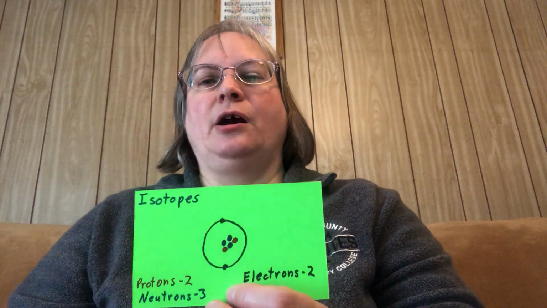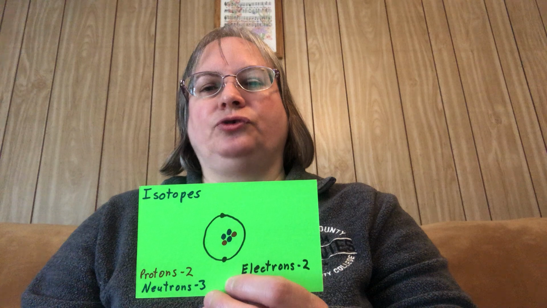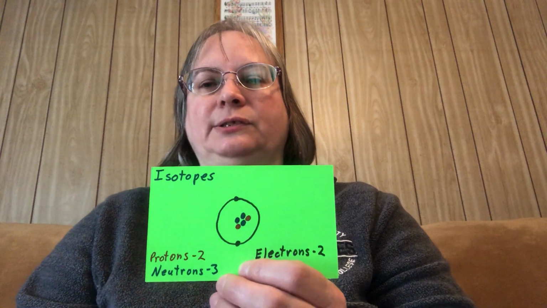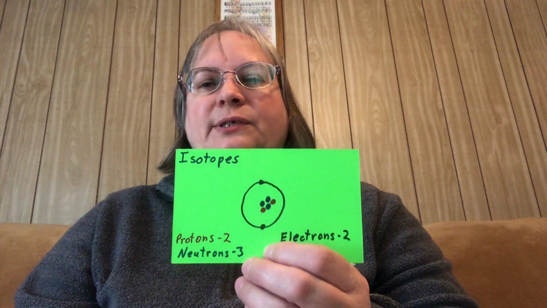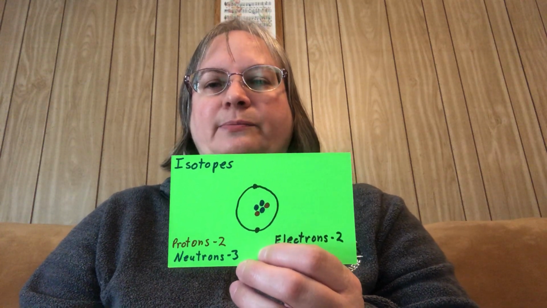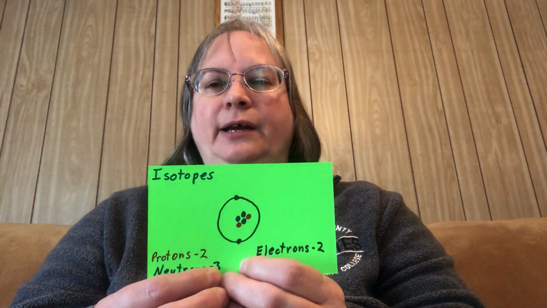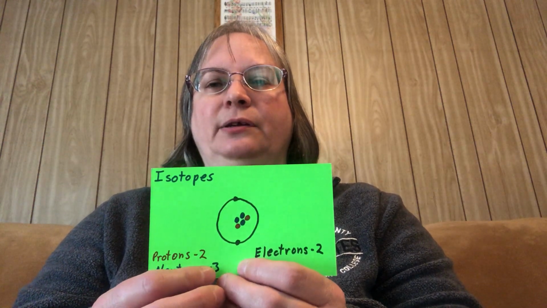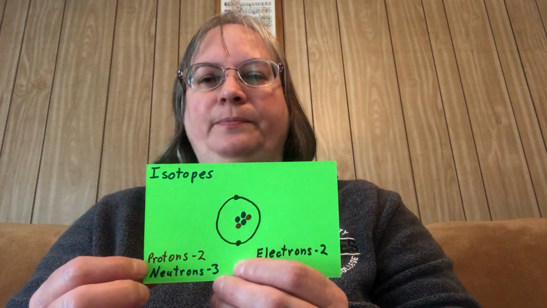So for example, if we take carbon, carbon has 6 protons and 6 neutrons normally and 6 electrons. And so the normal carbon we call carbon 12 because of the 6 protons and the 6 neutrons. And that's our regular. About 99% of carbon atoms are the carbon 12.